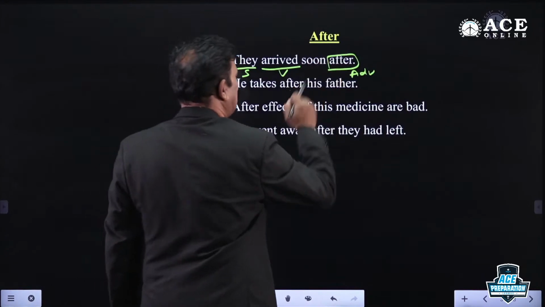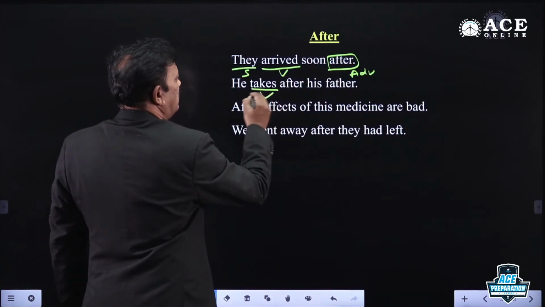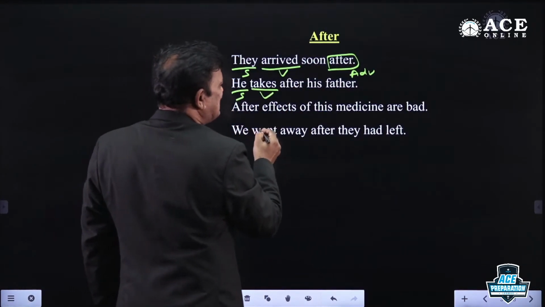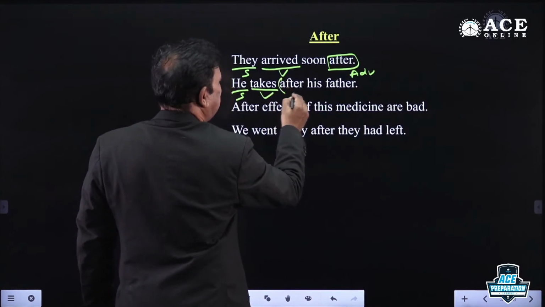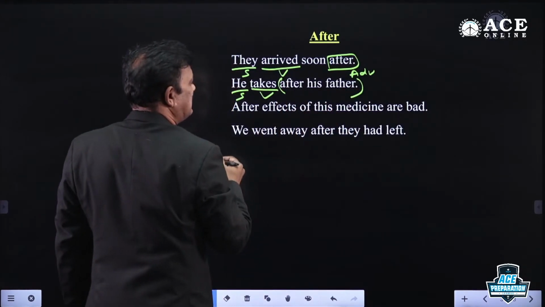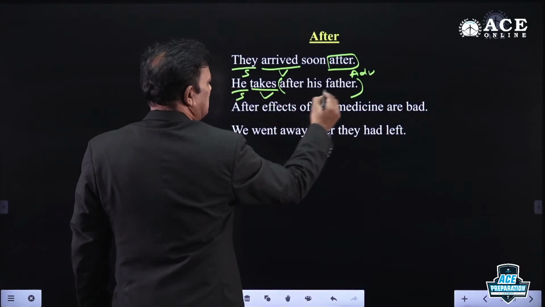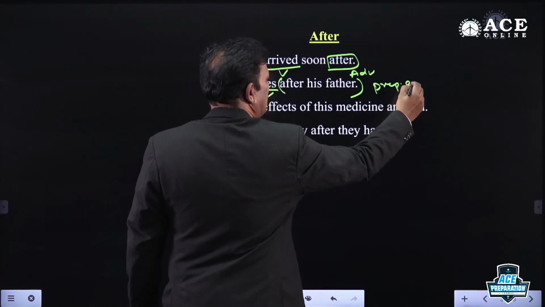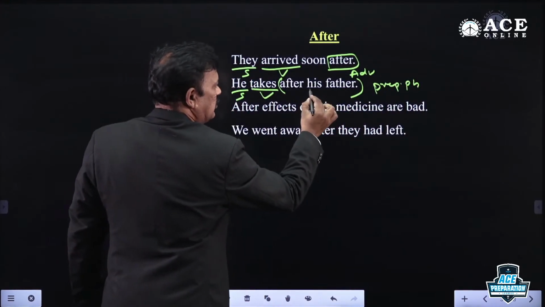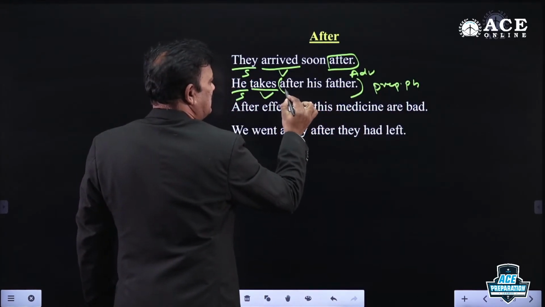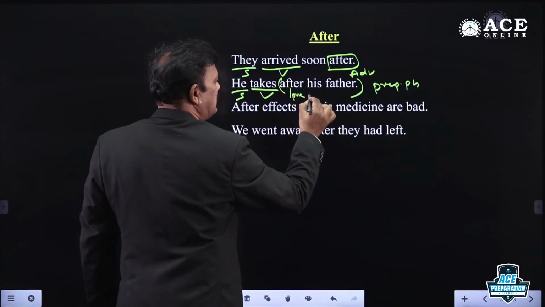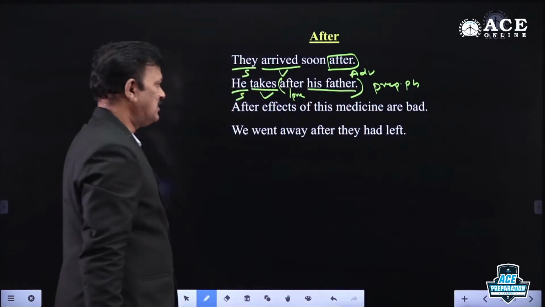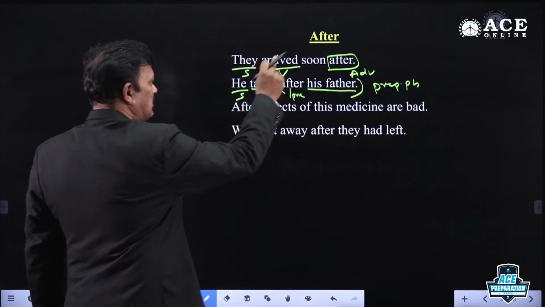But here I am interested in after. He takes how? After his father. So this is a group of words. How, prepositional phrase. So this one is a preposition and this one is again a noun phrase. Let's only focus on this after.